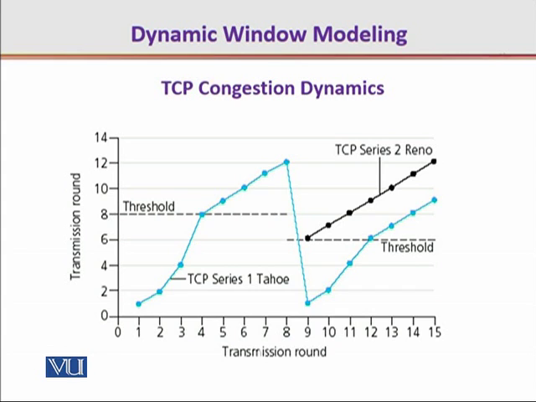And that helps it to not fall below to 1 segment, and the congestion window is only halved. As a result, this saves us the trouble of reinitiating the connection from 1 segment. And from there onwards, it grows linearly. Now, these are the congestion dynamics that we expect to model first in mathematical form and then to simulate it.